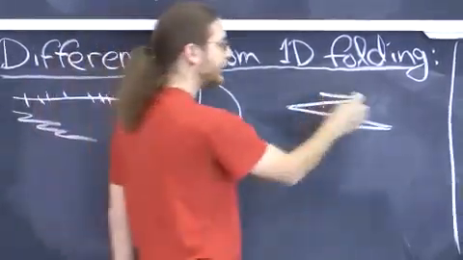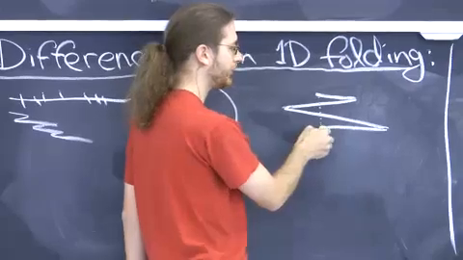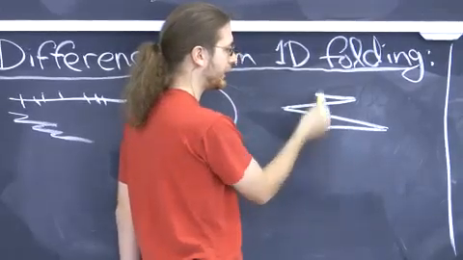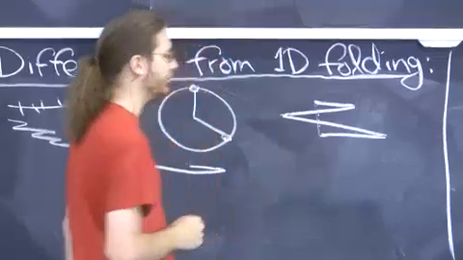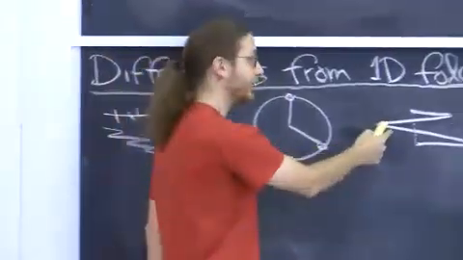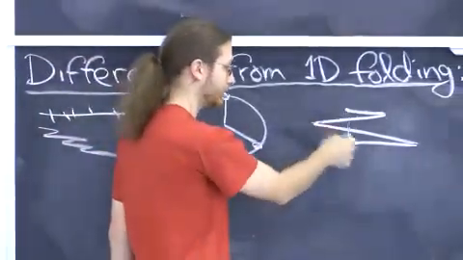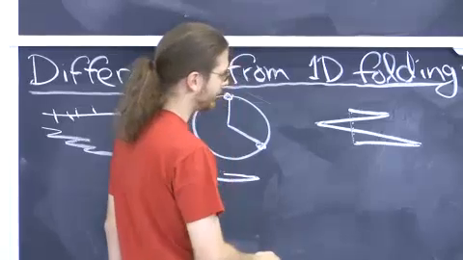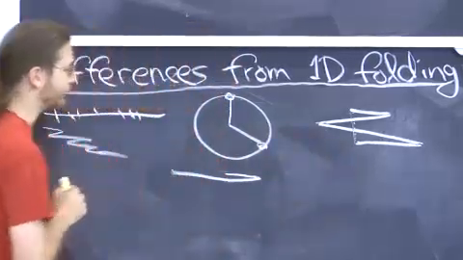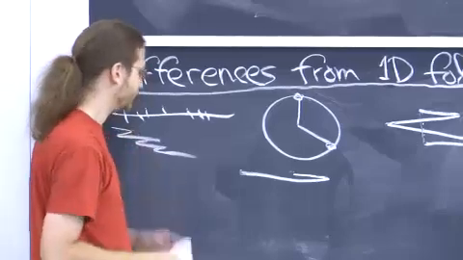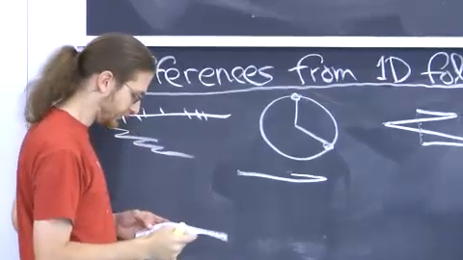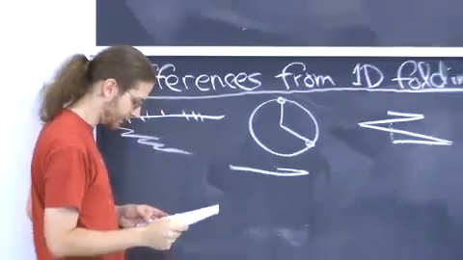If I do this alternating mountain-valley assignment, I can't join these ends and make a circle because that would collide with everything. So this thing actually does have a flat folding starting from a circle, and I'm not going to try to unmap it to a circle. It does fold, but not like that. Not with that alternating mountain valley pattern.